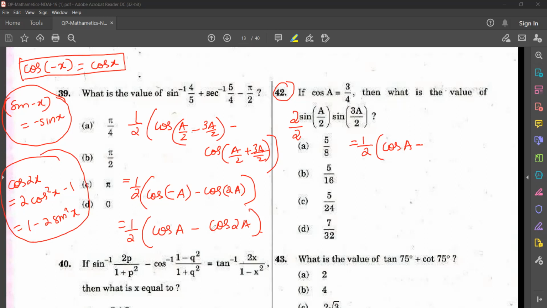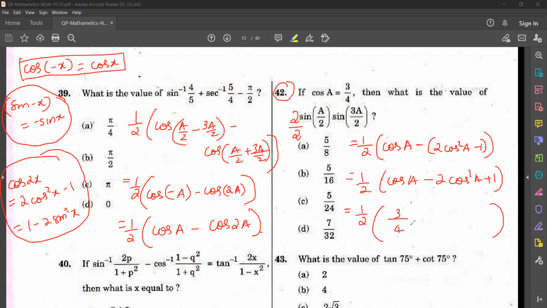So I am replacing cos 2A with 2 cos square A minus 1. That is 1 by 2 of cos A minus 2 cos square A plus 1. Cos A is 3 by 4, minus 2 into 3 by 4 square, which is 9 by 16, plus 1.